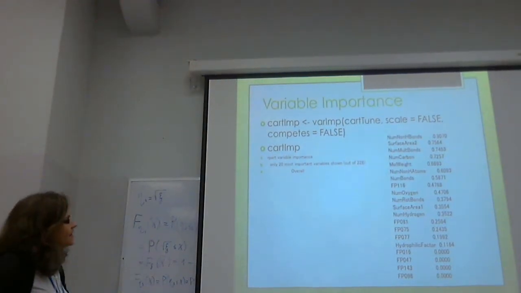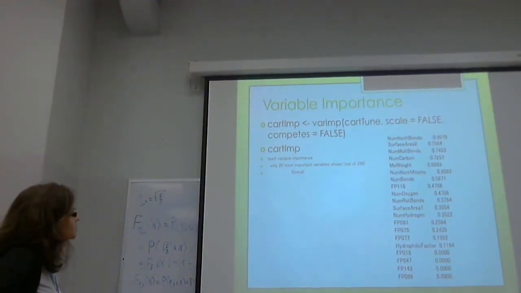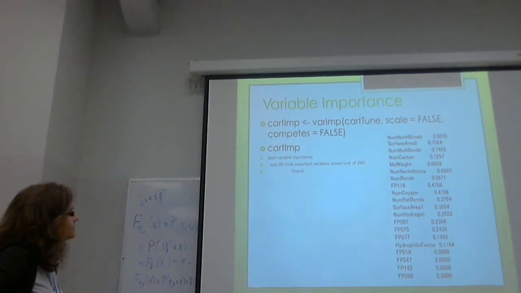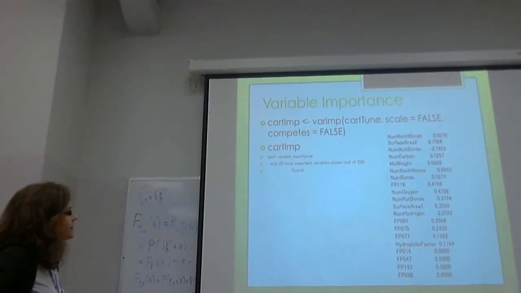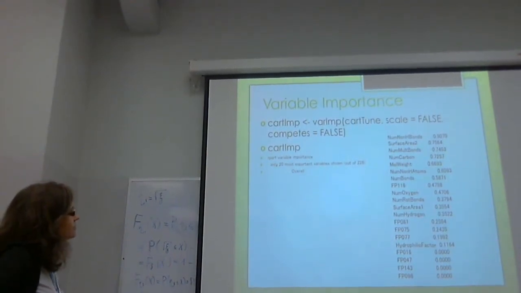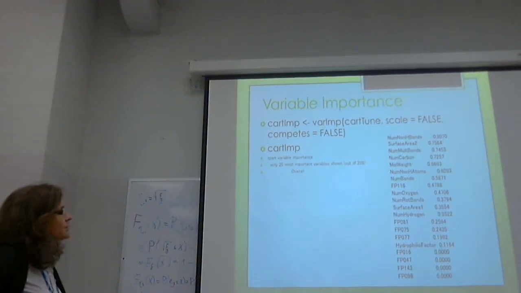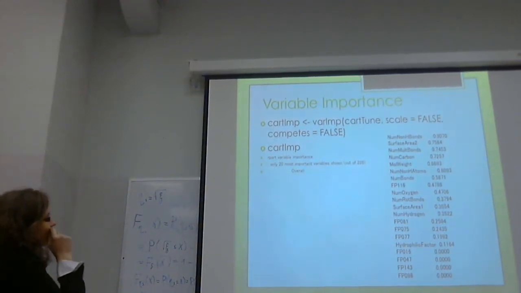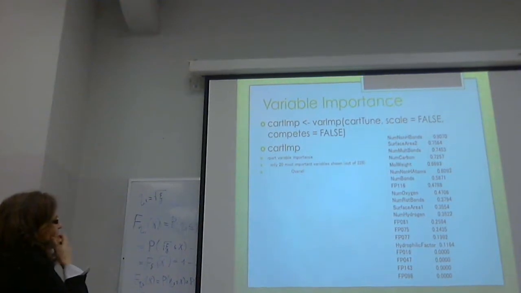And you see, the first split was on the number of carbon atoms, but here the first variable that falls out on the list is the number of non-hydrogen atoms. So sometimes the fluctuation happens, but still you can grasp who the most important contributors are.